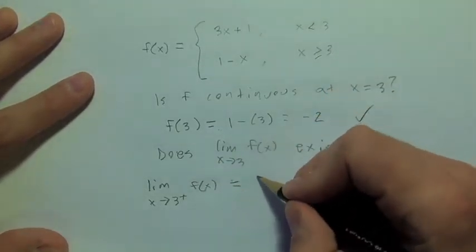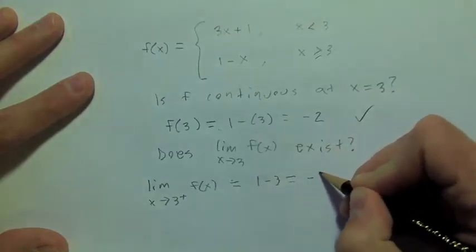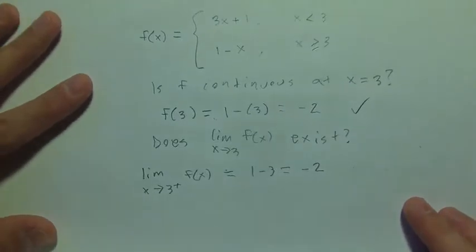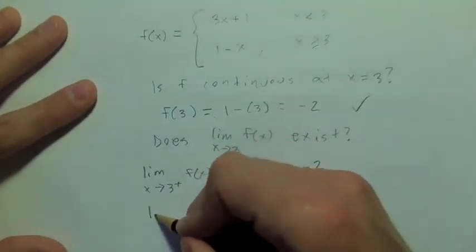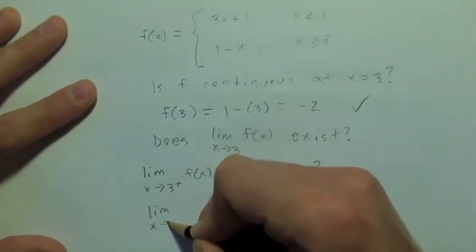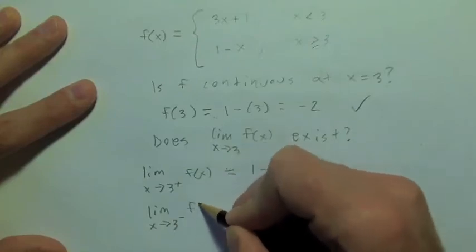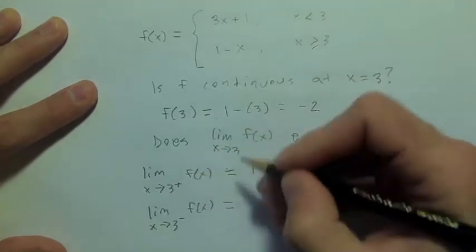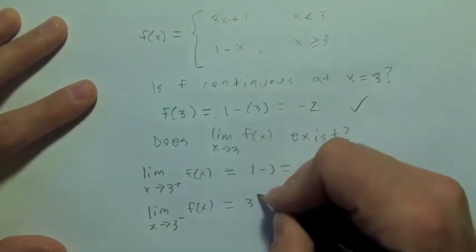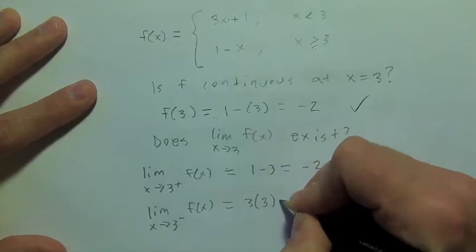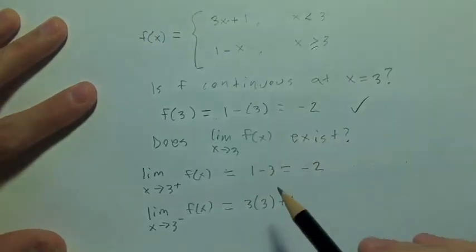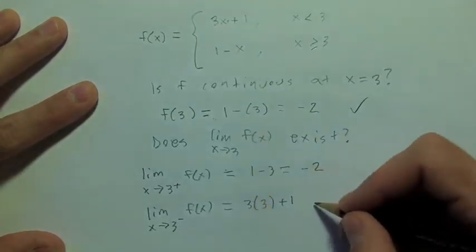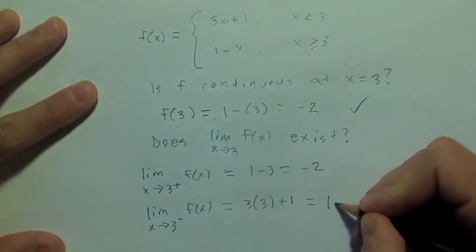This is going to be 1 minus 3, again, negative 2. We've already done that. And now I'm going to check it from the left. So that's going to be the top piece. And remember, always write at least enough so everyone knows what you're doing. I'm picking this piece. It's fairly clear now which piece it is. So that's 9 plus 1, which will be 10.